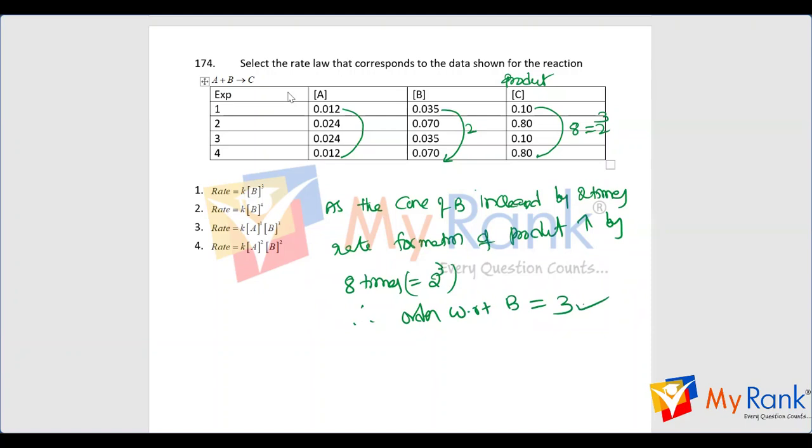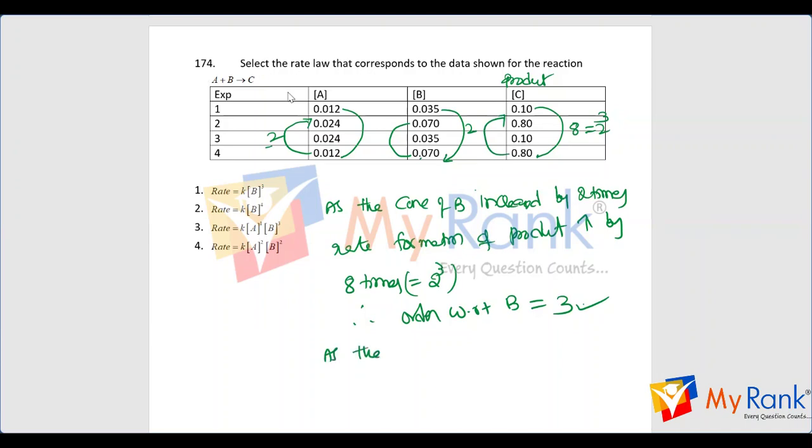Next one, we'll see with respect to A. Here, the concentration of B is constant, the concentration of A increased by 2 times, but the rate is constant.